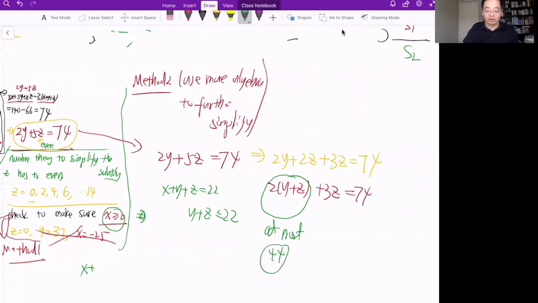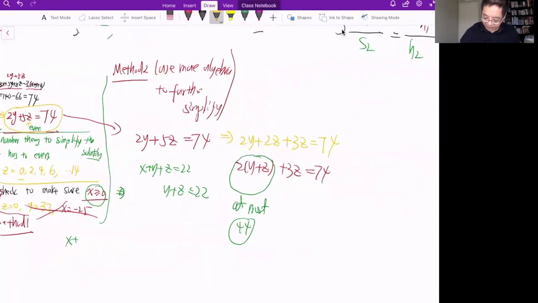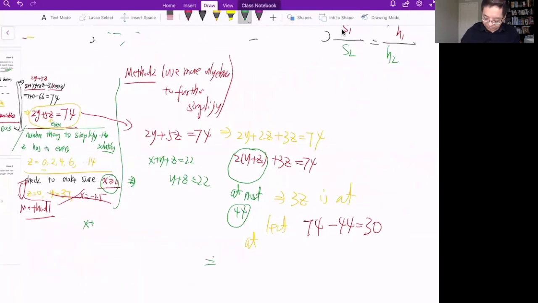And this tells us 3z is at least 74 minus 44, which is 30. So 3z is at least 30, so that means z has to be at least 10.